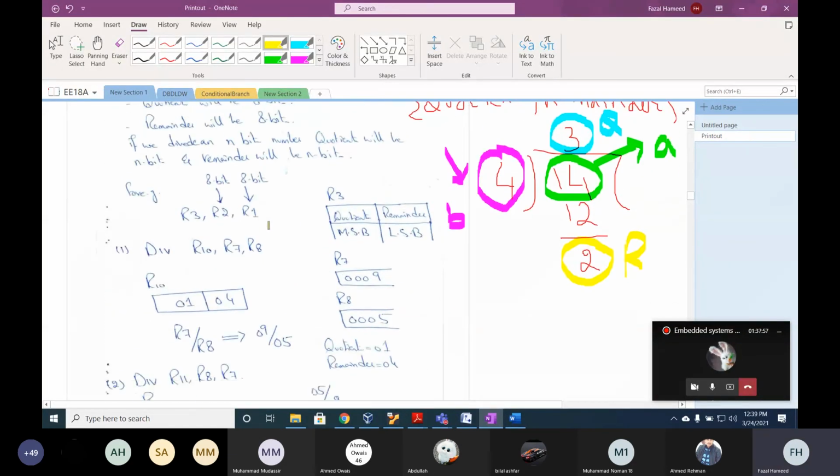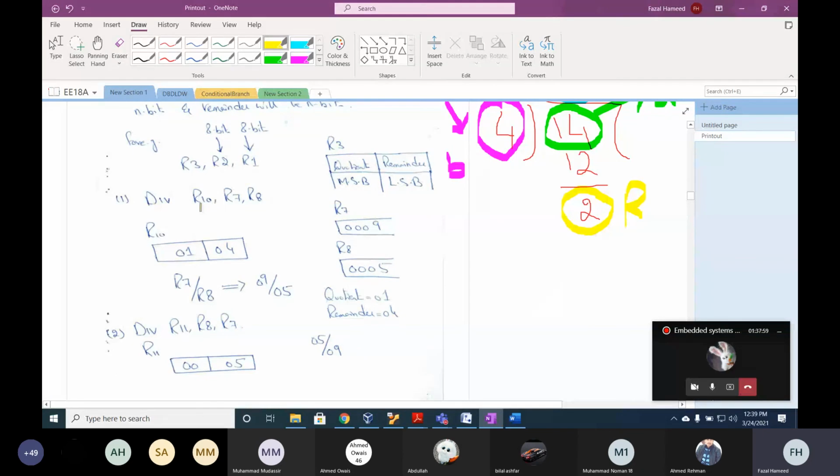If you look at this example, divide R10, R7, R8.